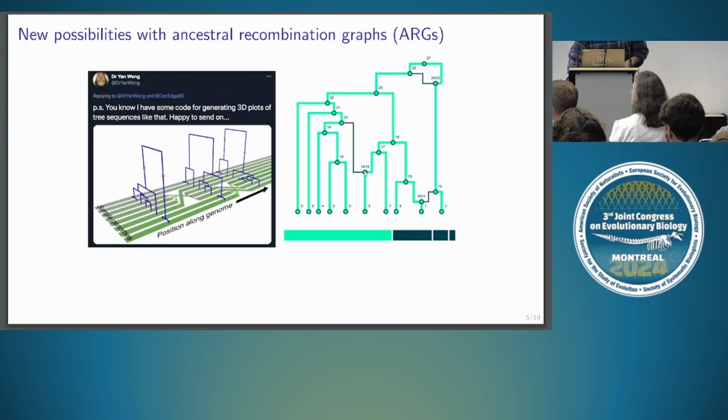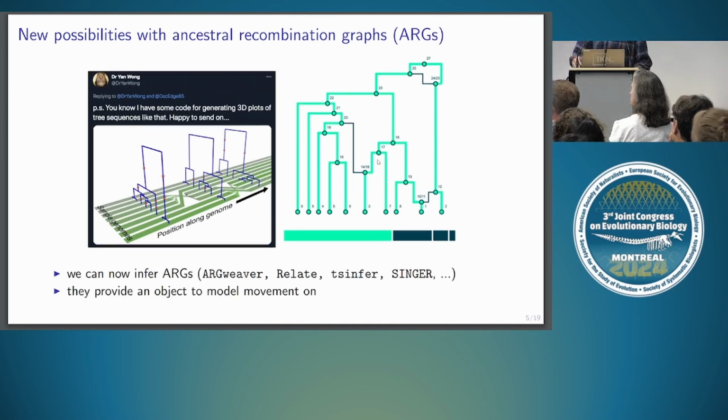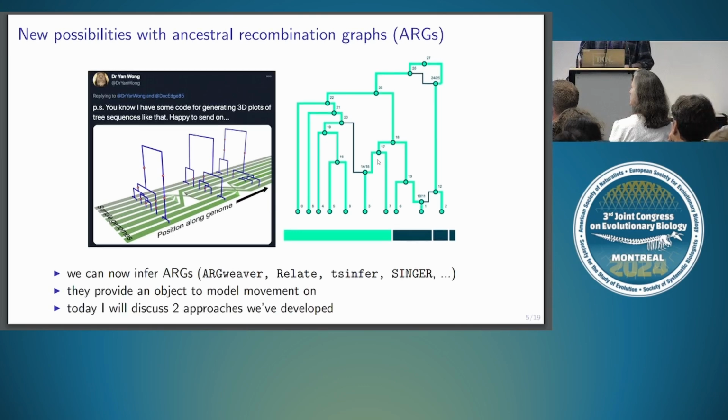Because of these recombination nodes, we get loops in these ancestral recombination graphs, which is something we have to deal with when we do spatial inference. The exciting thing is that we can now infer these ARGs, or tree sequences, for very large samples across the whole genome, and they provide an object to model movement on. What I'm going to talk to you about today are two approaches that we've developed to do just this.